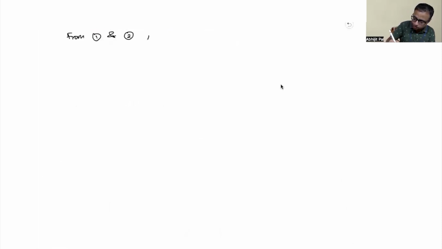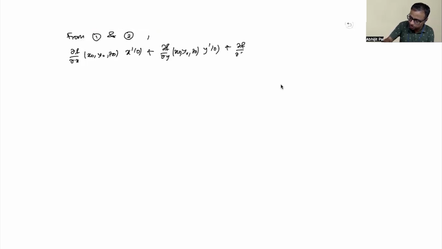Del f del x at the point x naught, y naught, z naught multiplied by x prime 0, plus del f del y evaluated at the point x naught, y naught, z naught multiplied by y prime 0, plus del f del z at the point x naught, y naught, z naught multiplied by z prime 0, is equal to 0. Okay, all right.